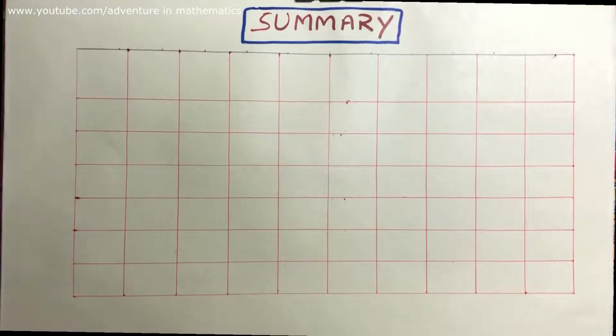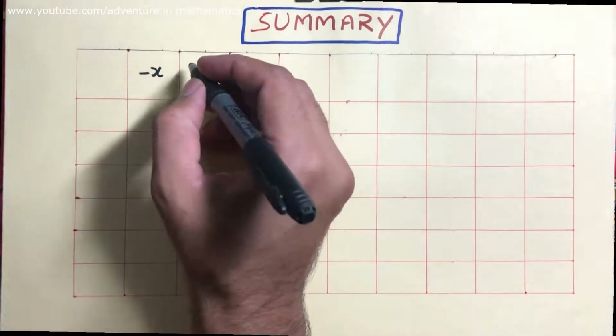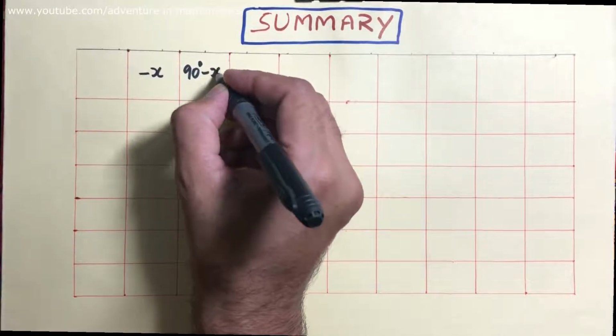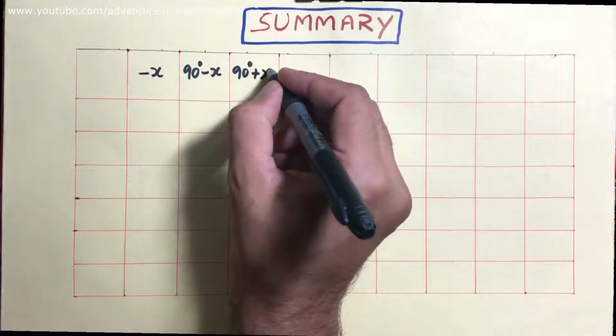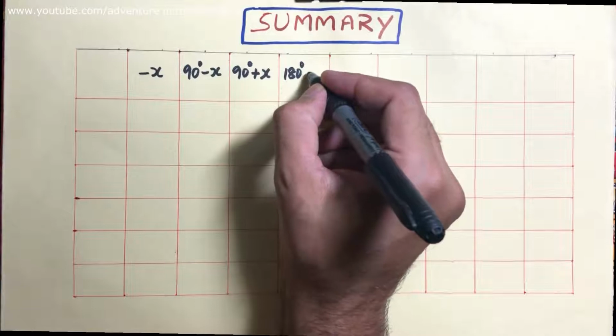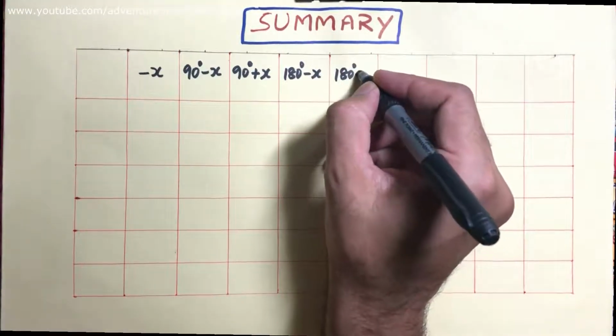So now we will summarize all the formulas. We proved for only two quadrants, but these formulas we have to remember for all the quadrants, like minus x, 90 degree minus x, 90 degree plus x, 180 degree minus x, 180 degree plus x.